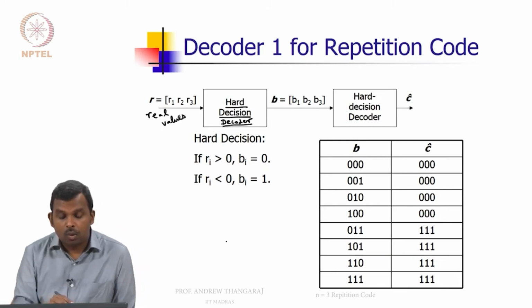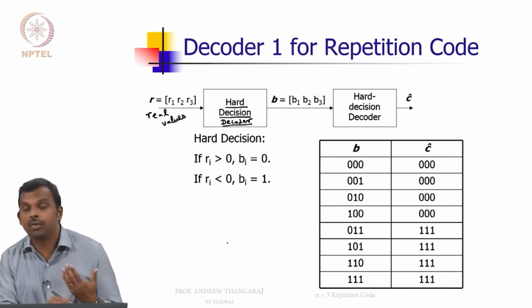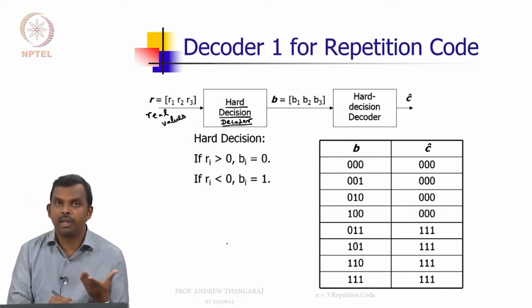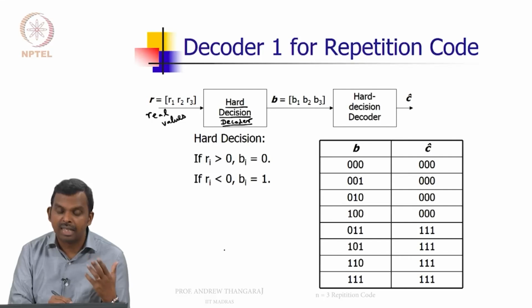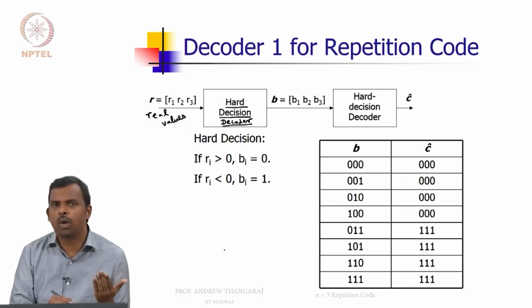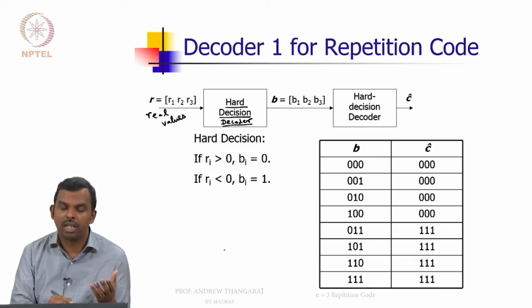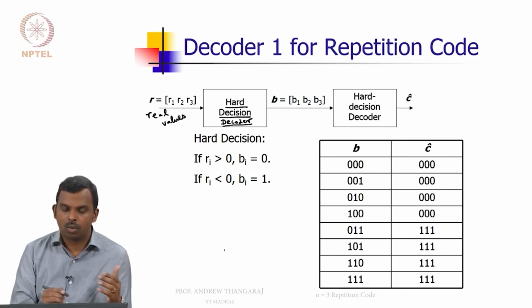What we do in a hard decision decoder is we do not directly use the real values. We first quantize them or make a hard decision to decide the bit corresponding to each received value. Now, this is not very optimal. You can think about why it is not optimal, because we are giving up a lot of information from the received value and only taking one bit of information. But nevertheless, this is one easy way to think of how the decoder works, and it is quite intuitive.